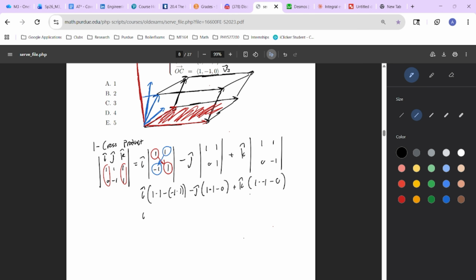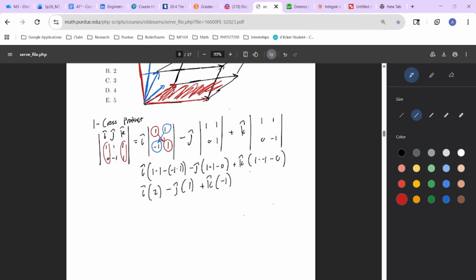So then we have i, which would be 1 plus 1, that'd be 2, minus j, that would be 0, nope, sorry, that'd be 1, and then plus k, that would be negative 1, right? And so these elementary vectors, we can't simplify them down any further because they're not really numbers. They're actually regular vectors.